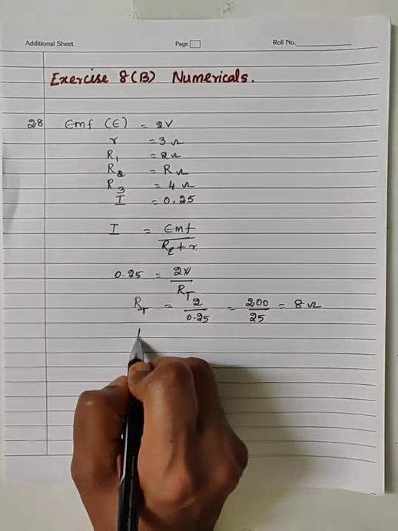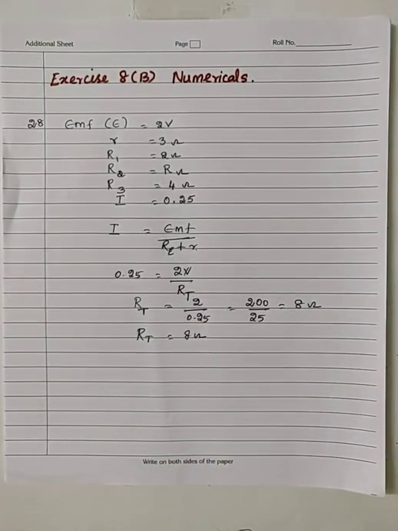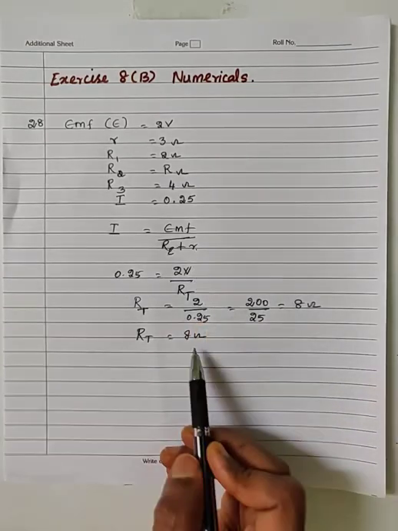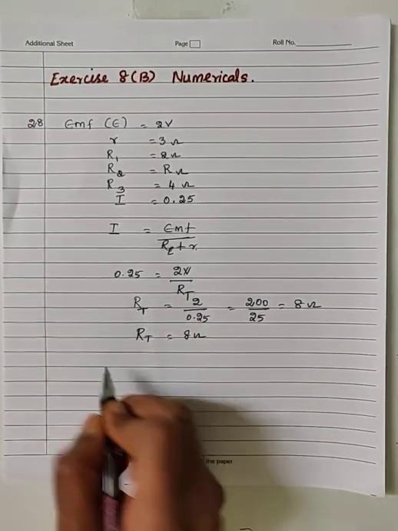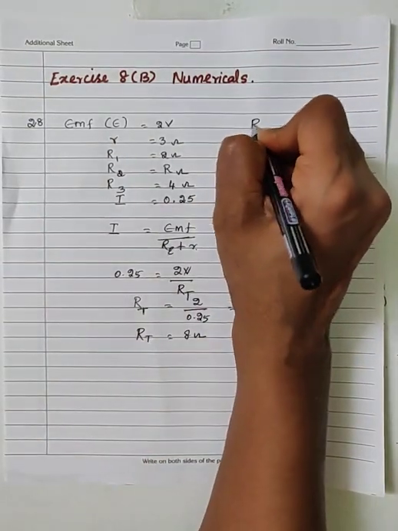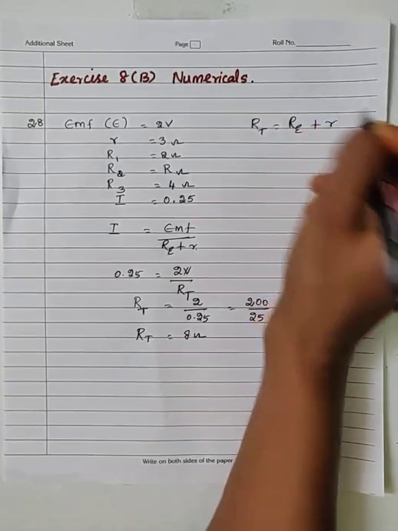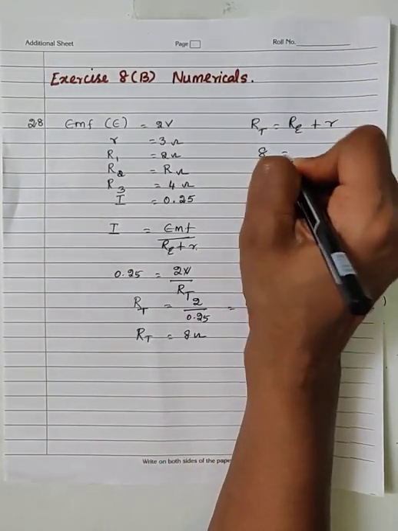So, the total resistance in the circuit we have calculated is equal to 8 ohm. From this we can calculate, that is, external resistance plus internal resistance is equal to 8 ohm. Here I write, total resistance in the circuit is equal to external resistance plus internal resistance. Total resistance we have calculated as 8 ohm.